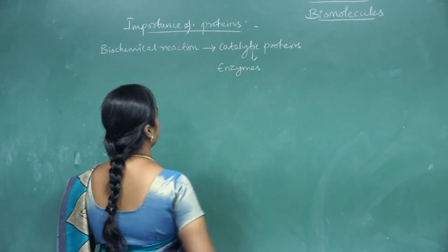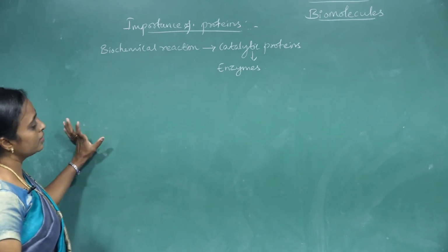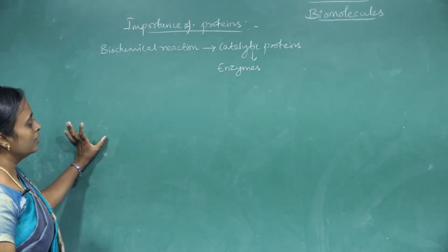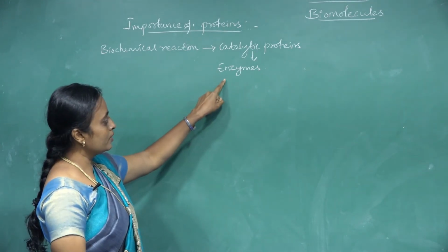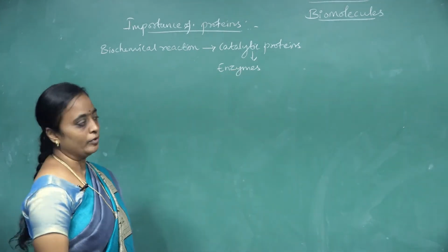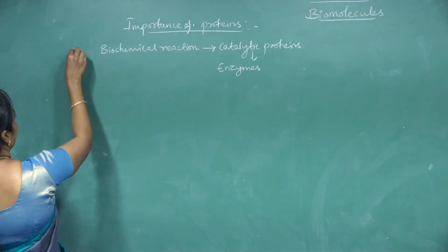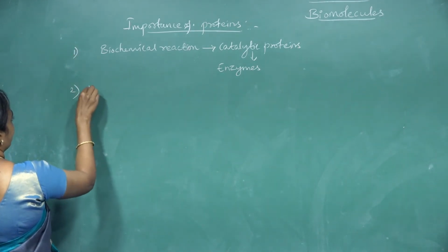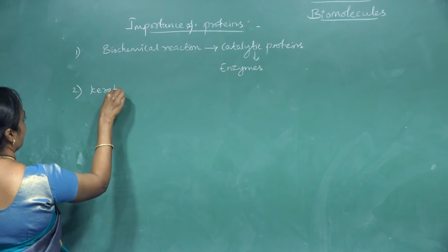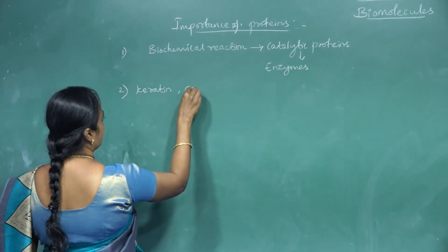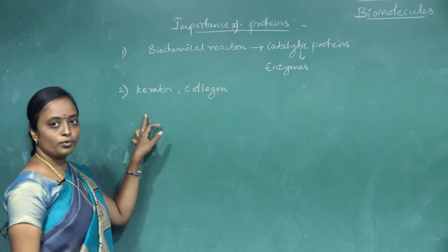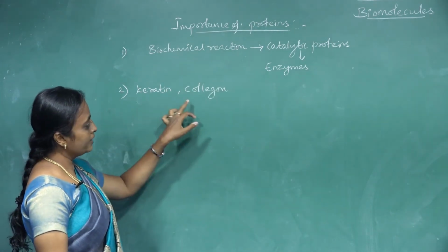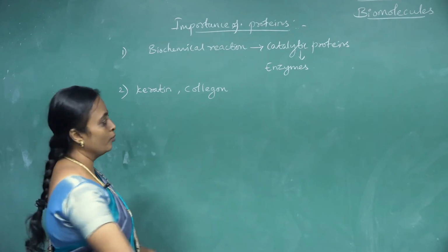Usually the biochemical reactions are catalyzed by catalytic proteins, and only the catalytic proteins are named enzymes. And next, keratin is one protein. And collagen is also one of the proteins. It acts as a structural backbone.